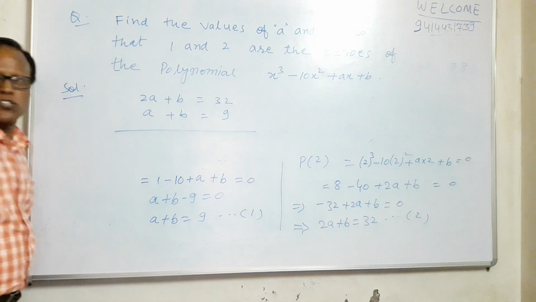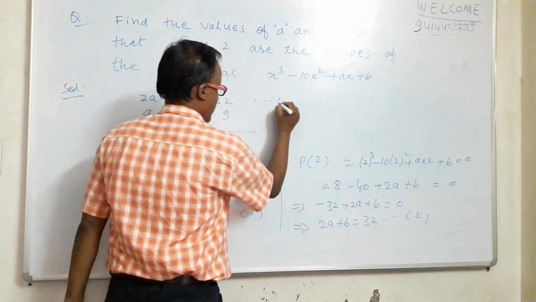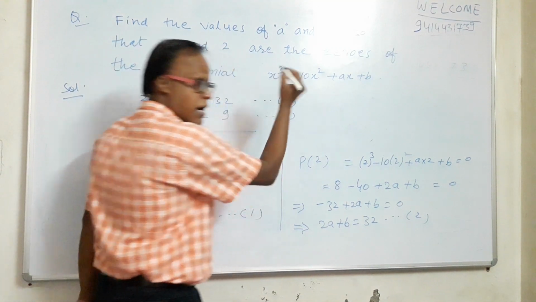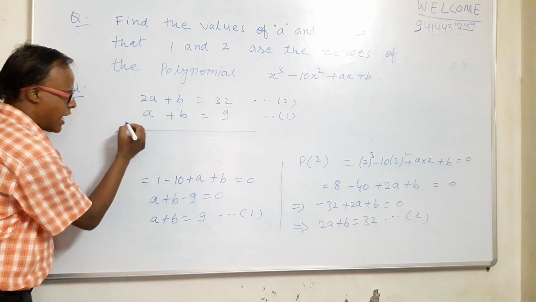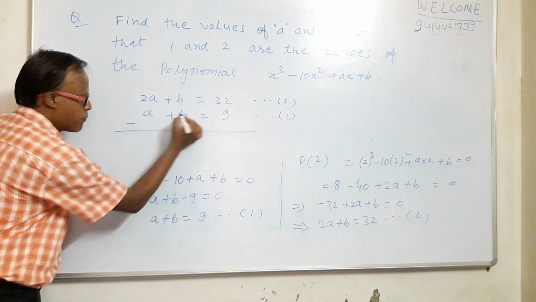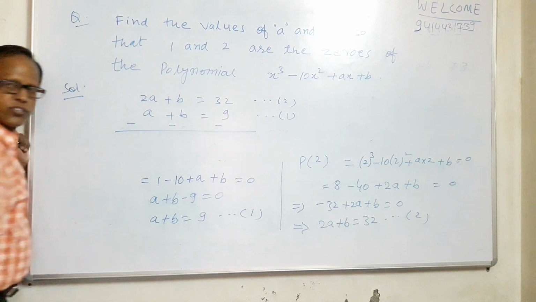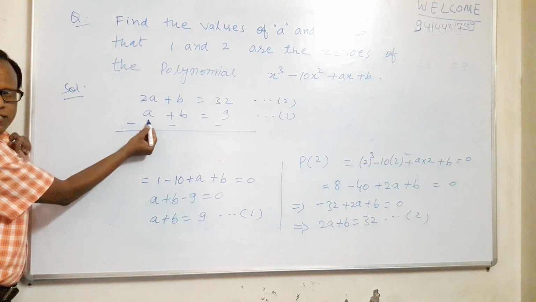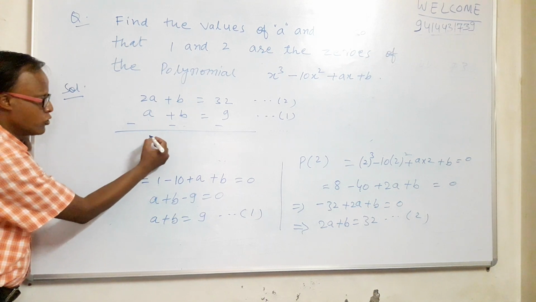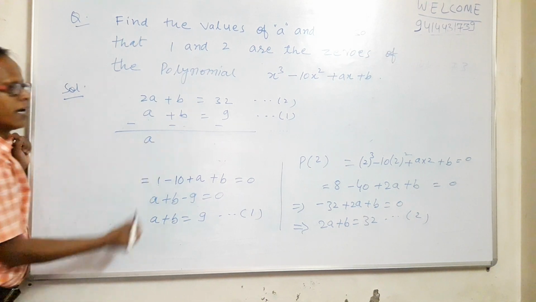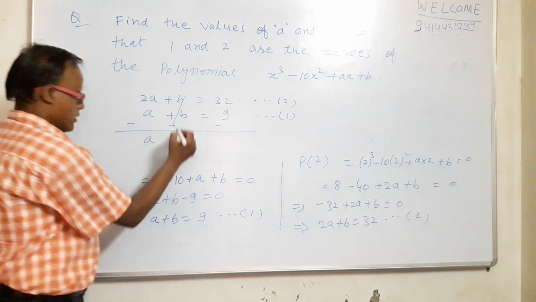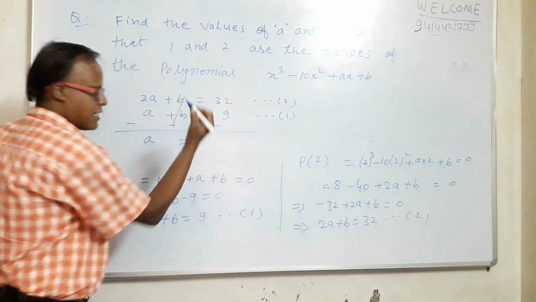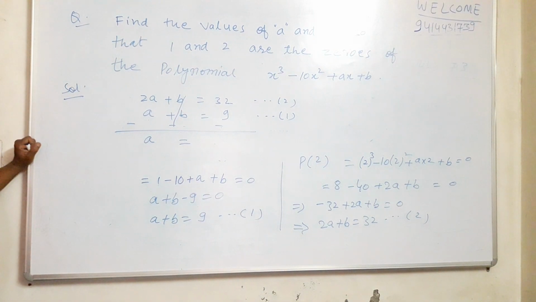Subtract these two equations. Now when subtracted, 2a minus a is equal to a, and b minus b cancels out, equal to 32 minus 9, 23.